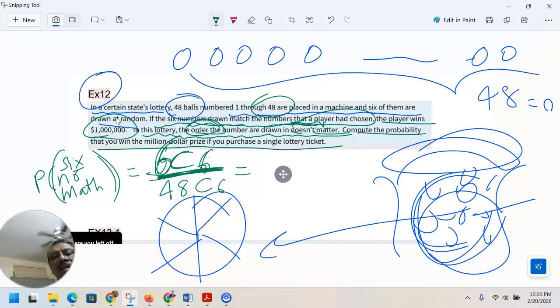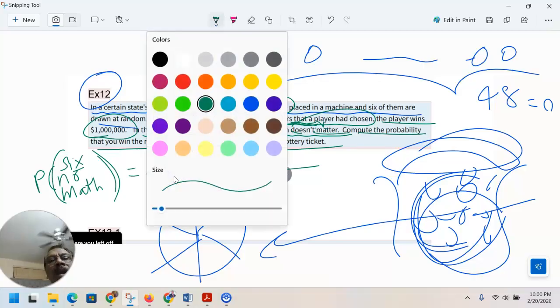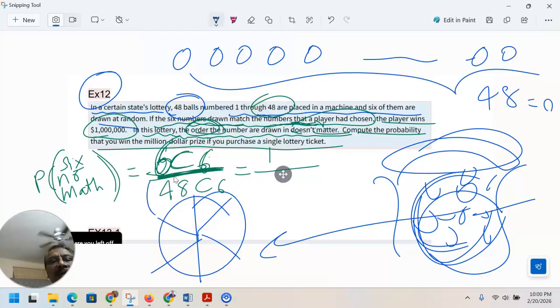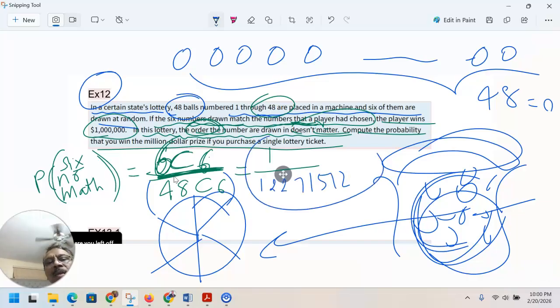Now the calculator does the job. This becomes 1 out of, I think, 12271512. Put this on the calculator and you'll get 0.0000000815.